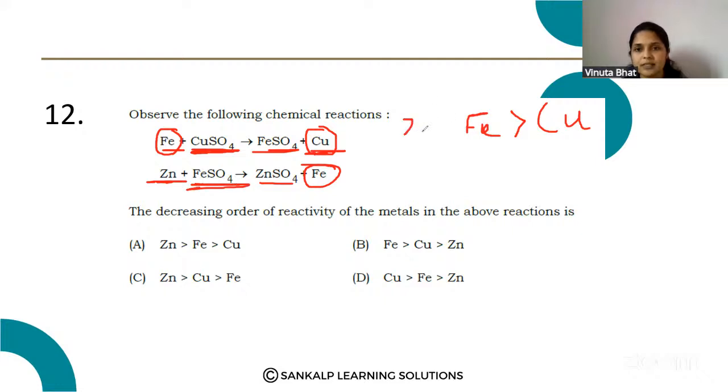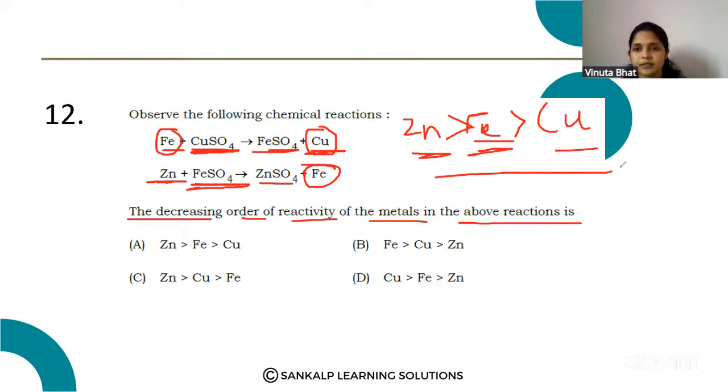The decreasing order of reactivity of the metals in the above reaction is, in the following reactivity series. Okay, so zinc has more reactivity than the ferrous, and the ferrous has more reactivity than the copper. So that is in the decreasing order. So zinc, ferrous, copper. Option A is the correct answer.